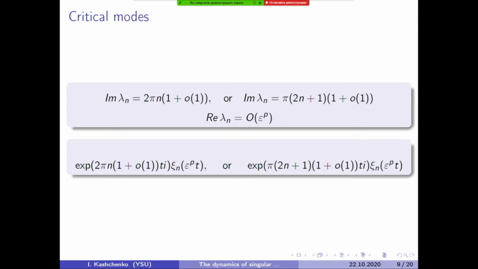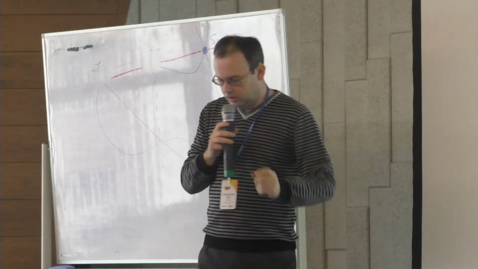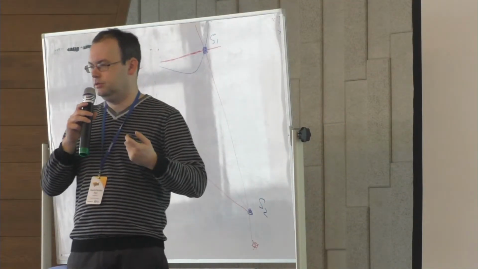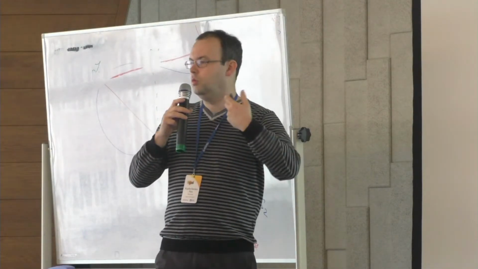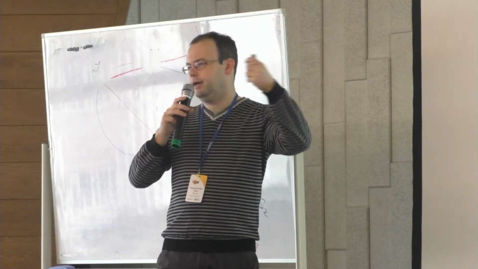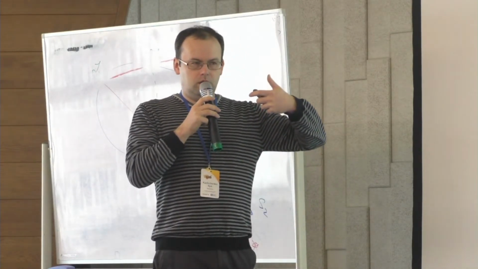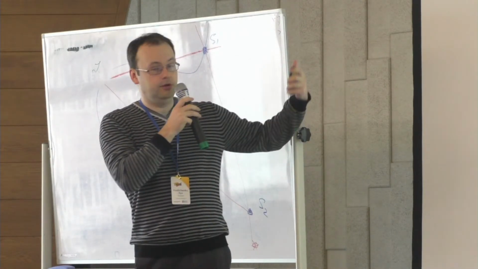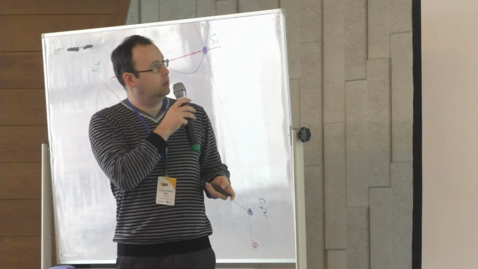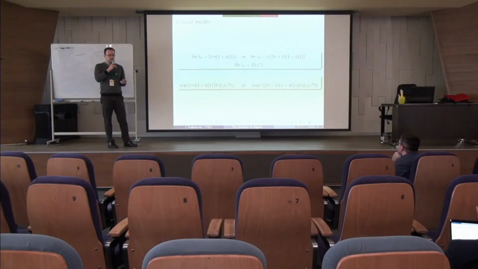For these roots of the characteristic equation, there are solutions of the linearized equation in this form: a complex exponent multiplied by a slowly changing amplitude. These are the so-called critical modes. And as we know from Poincaré's theory of normal forms, solutions are born in the neighborhood of these critical modes. But our problem is that we have an infinite number of such modes.